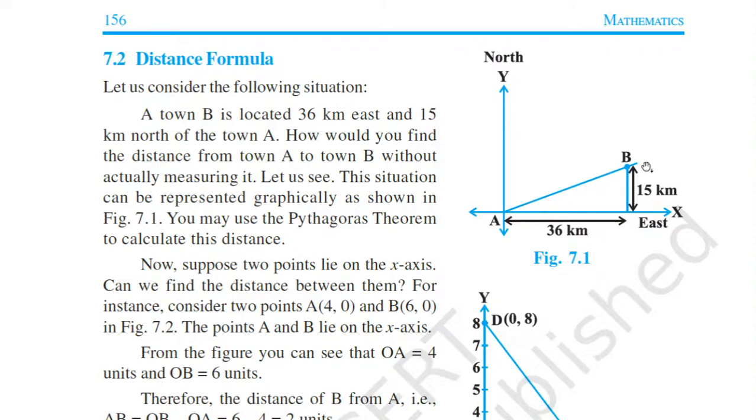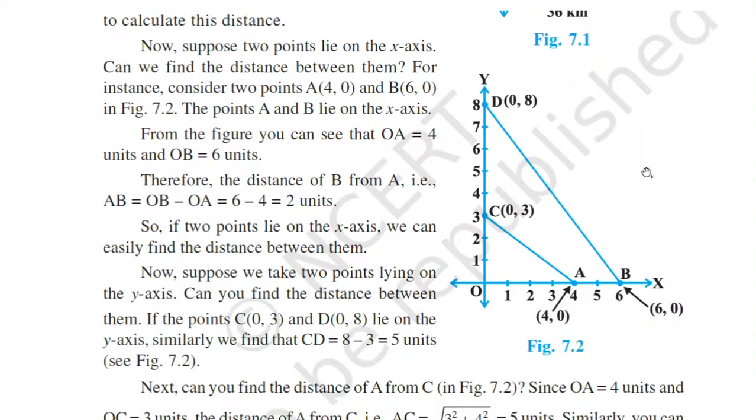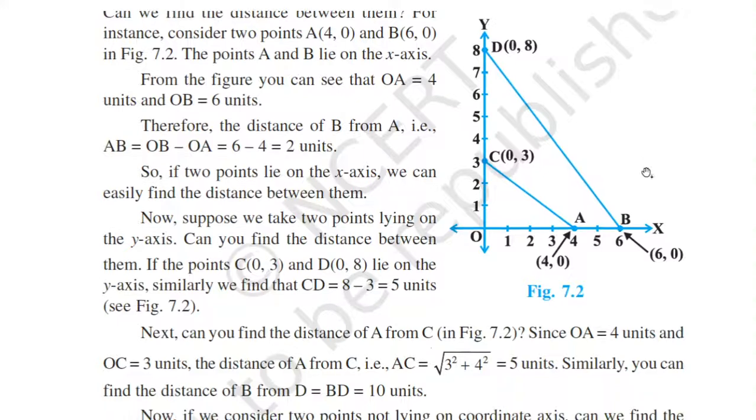Now we will move to another situation. Suppose two points are given here. Here you can see point A and point B. A and B are on the X axis, so their Y coordinate will be 0.